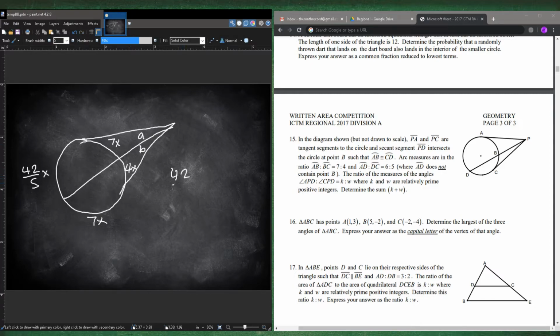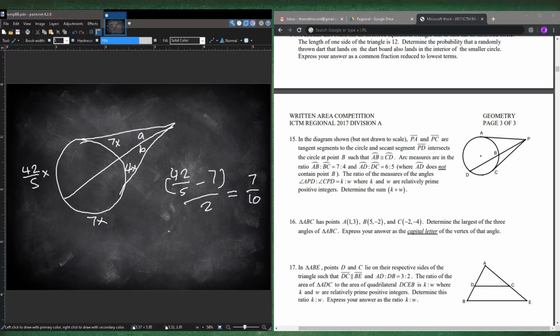So for A, it's just 42 over 5 minus 7, divided by 2. This is just inscribed angles if you don't know what it is. If you want to, search up on Google what they are. So 42 over 5 minus 7, that's 35 over 5. That's 7 over 5. 7 over 5 divided by 2 is 7 over 10. Okay, so A is 7 over 10.